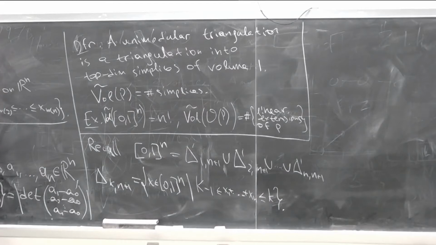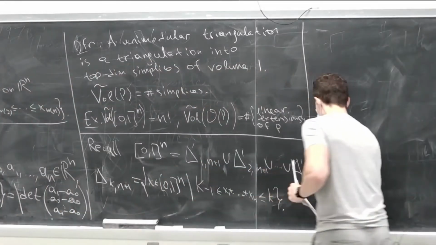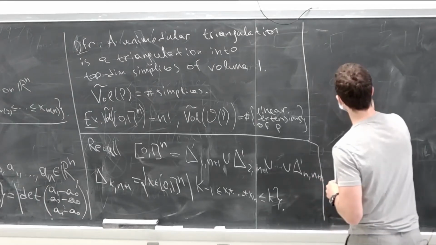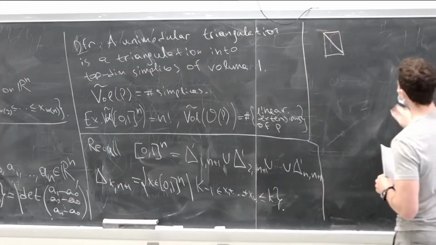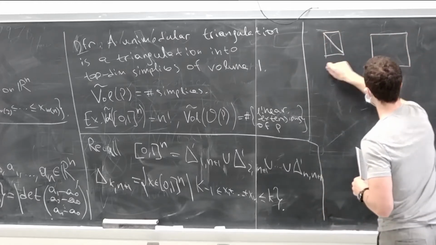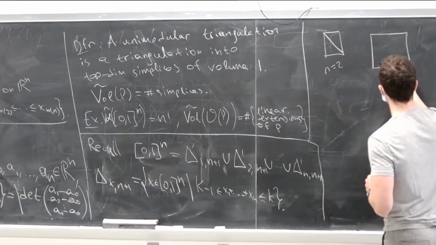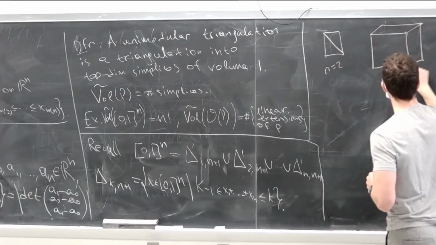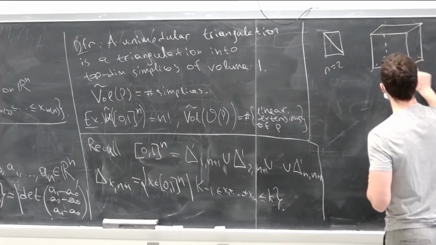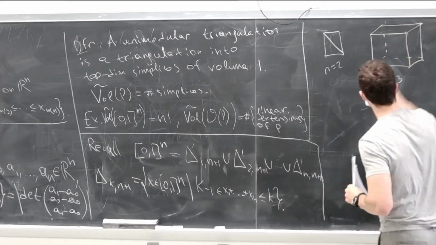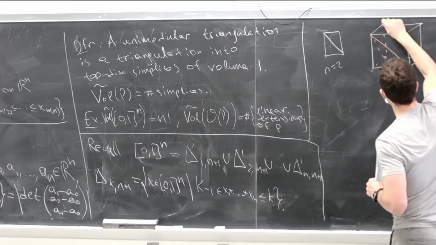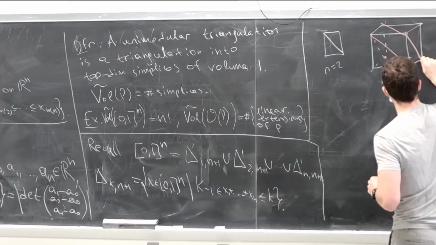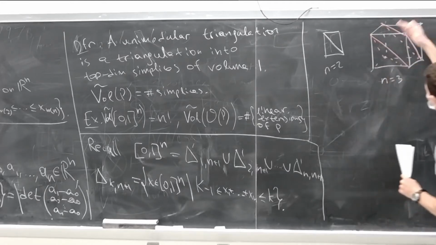All right, do you remember? Yeah, there was a picture. The hypercube was subdivided into two hypersimplices like this for n equals 2, and n equals 3 is the usual cube. If you take these sections, it is subdivided into 3 slices.